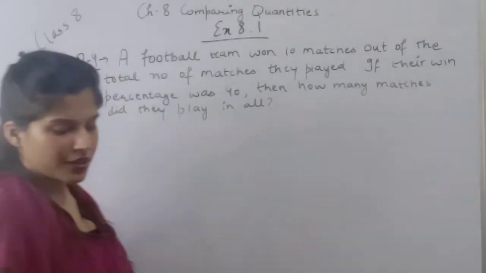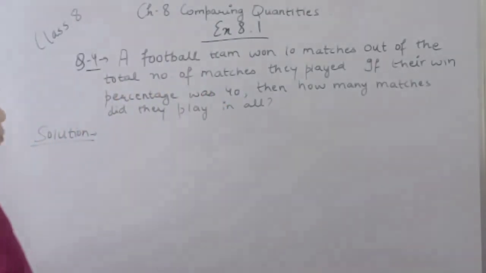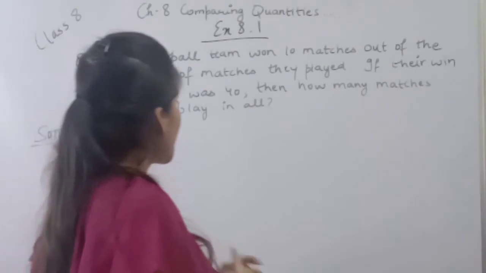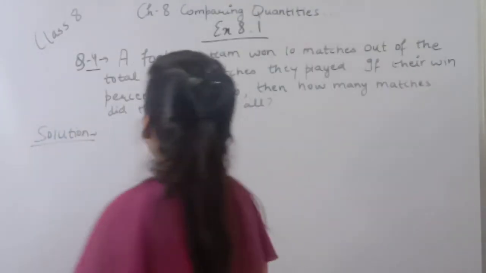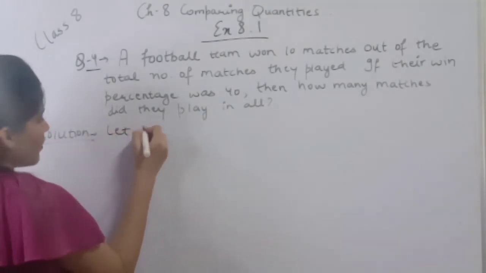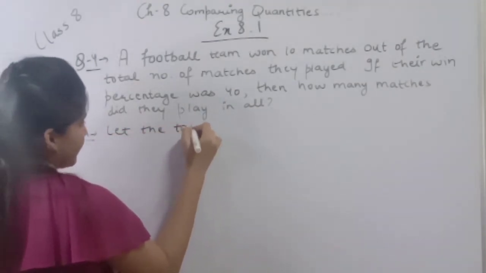Now, read the question again. The question says, a football team won 10 matches out of the total number of matches they played. Now what do we understand from this? That let the total number of matches be x.